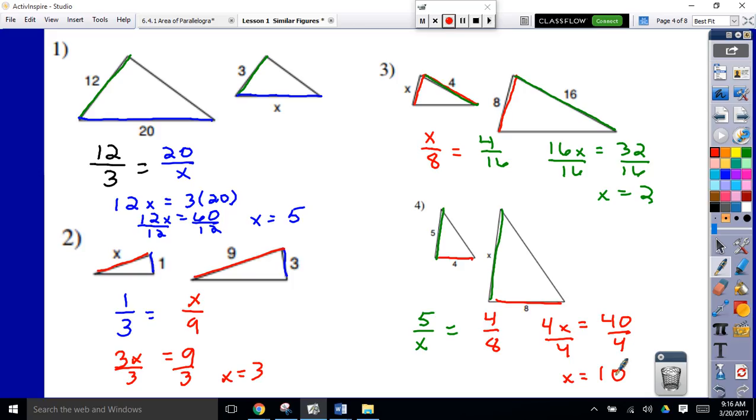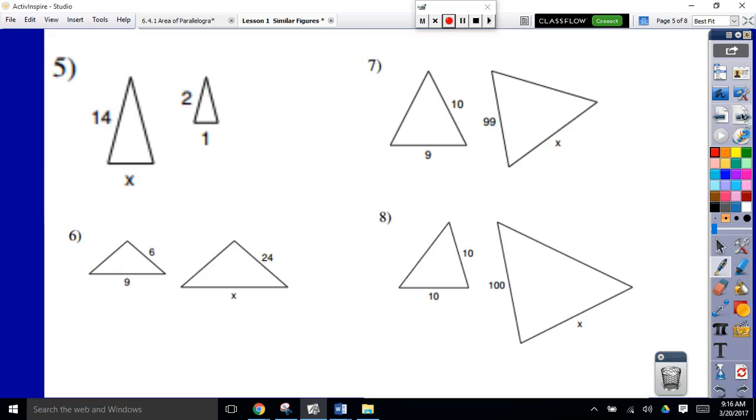I do want to look at number 7. Number 7, the triangles are tilted differently. So numbers 5 and 6, you can see the triangles are in the same orientation. Number 7 is oriented differently.